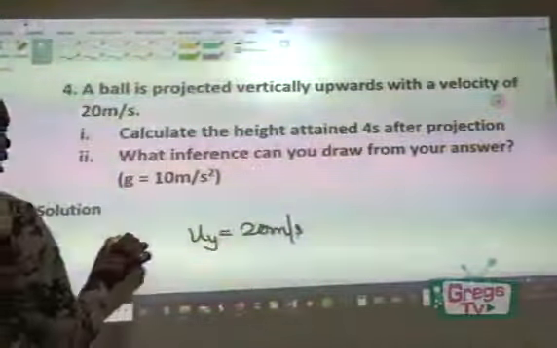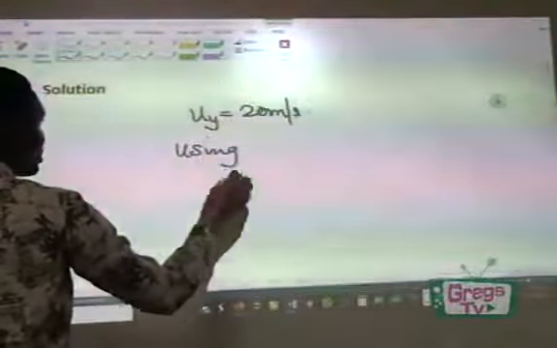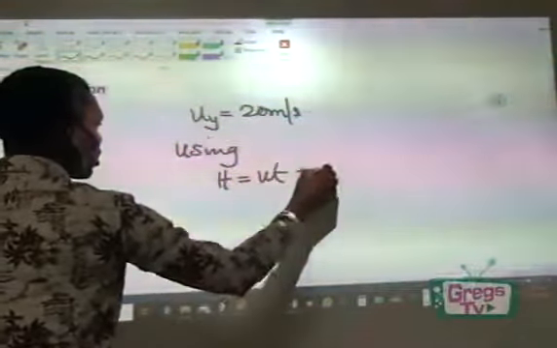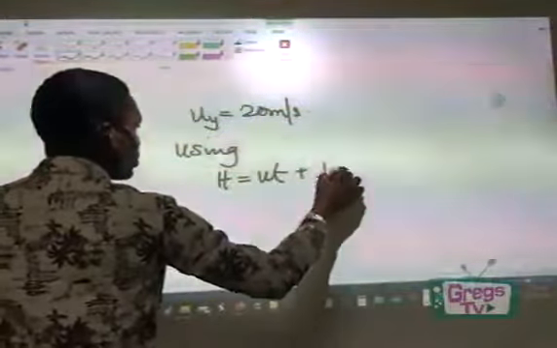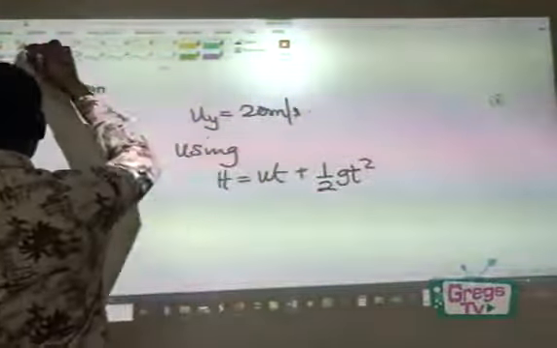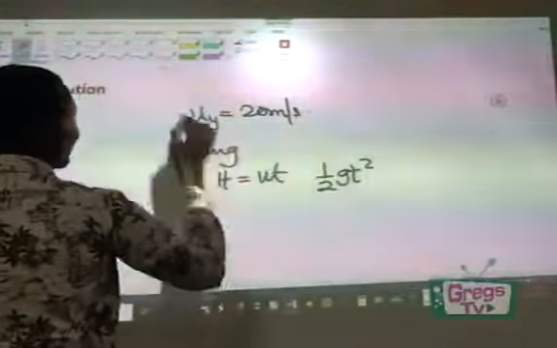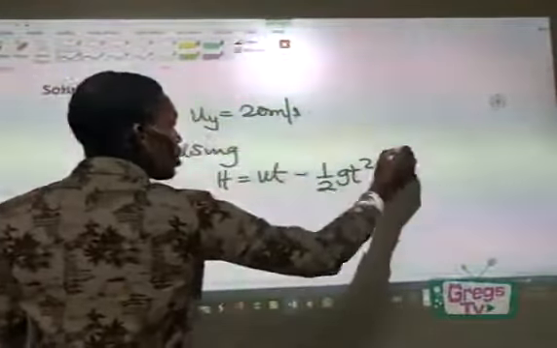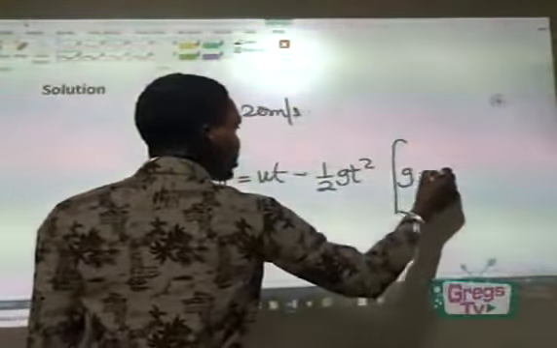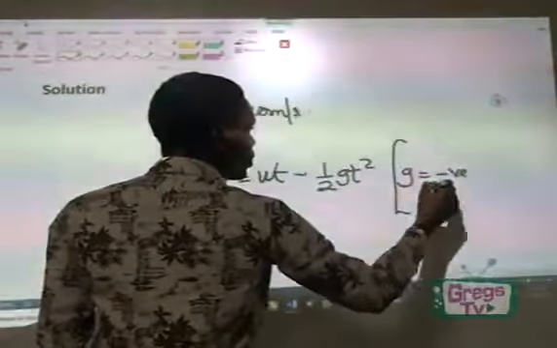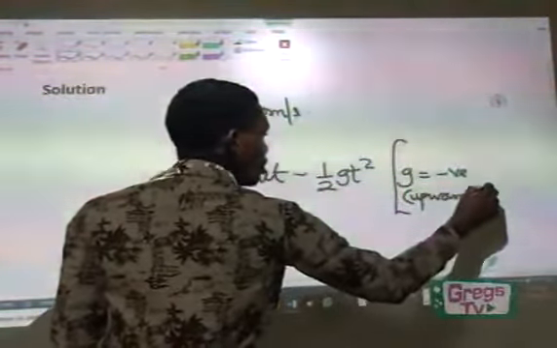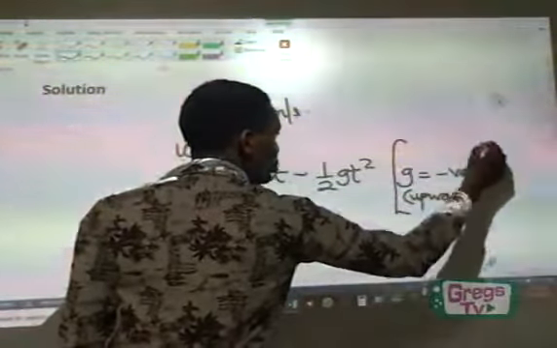So we use h equals ut plus half gt squared, but this time around the plus turns to minus, because the body is going vertically upward. G is negative, so we put upward motion.